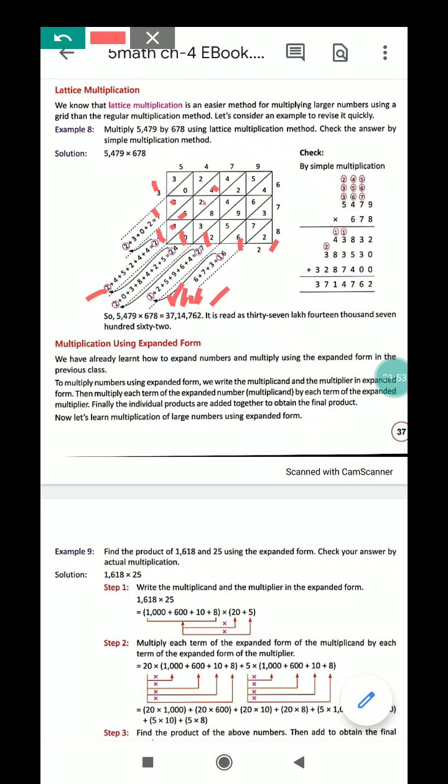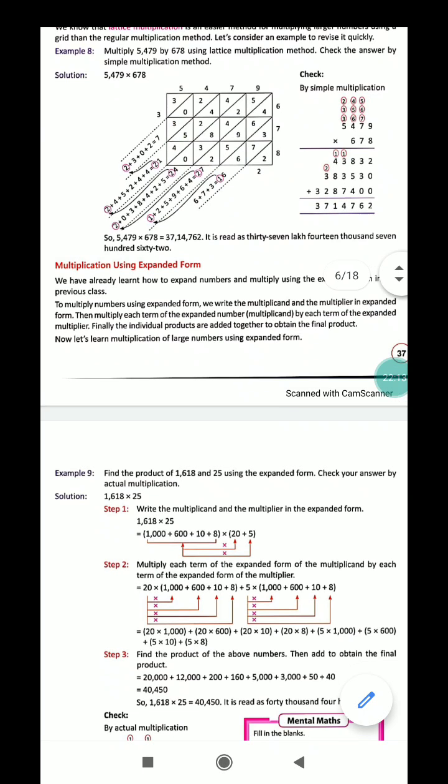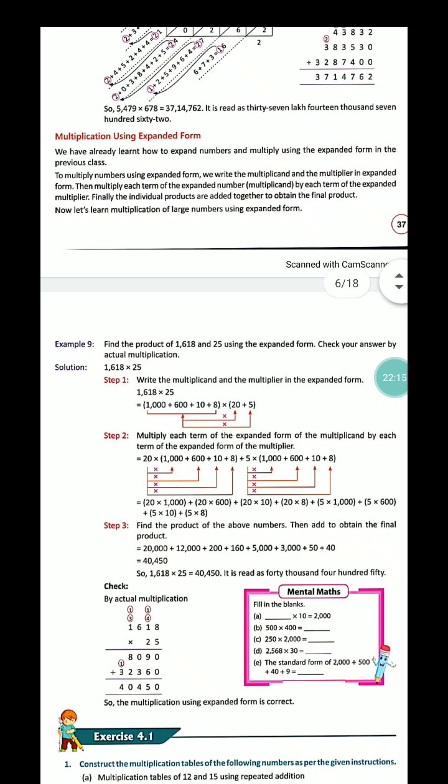And here for checking we will do the simple calculation, and in the simple calculation also we have got the same answer, that means 37,14,762. Okay, now we will move to another portion, multiplication using expanded form.